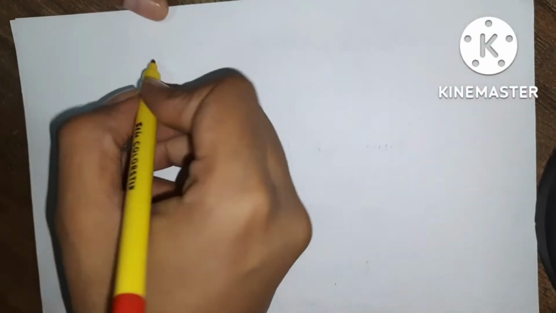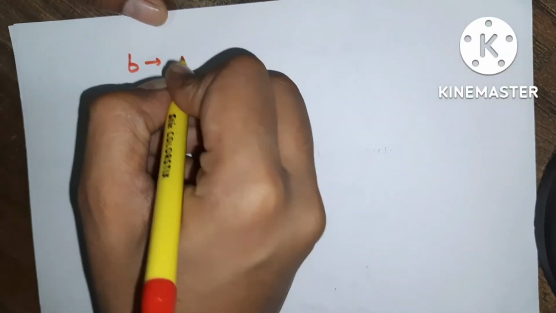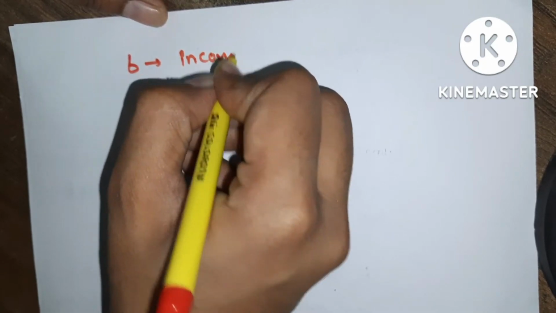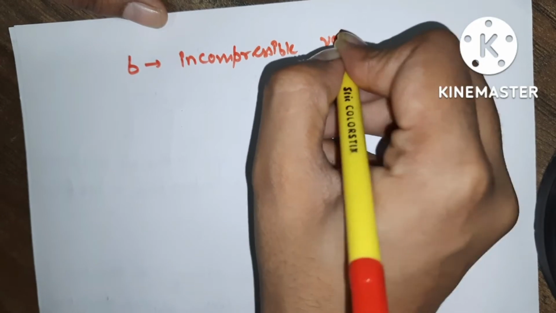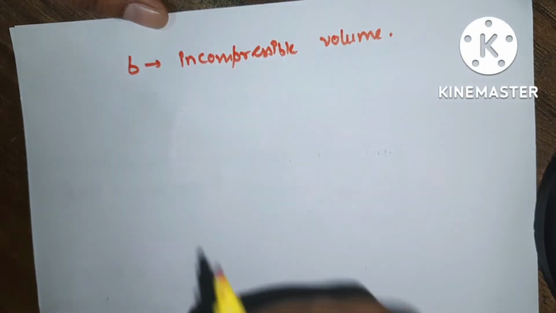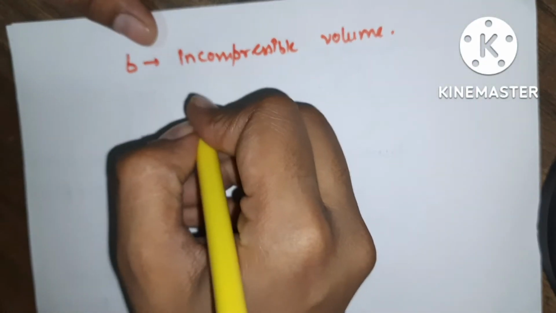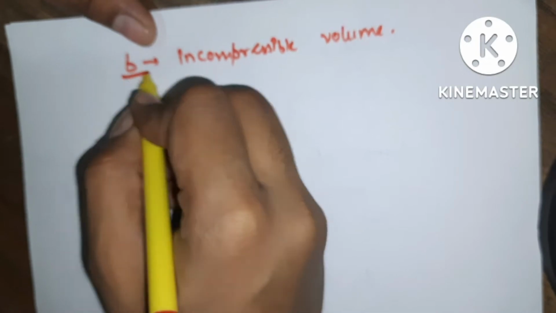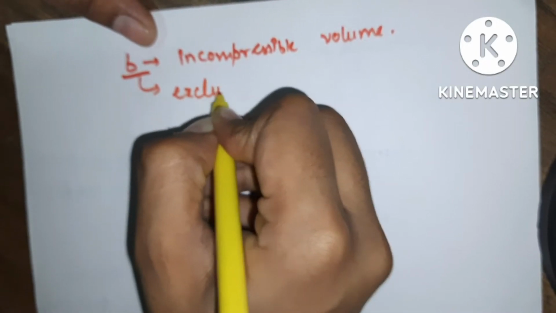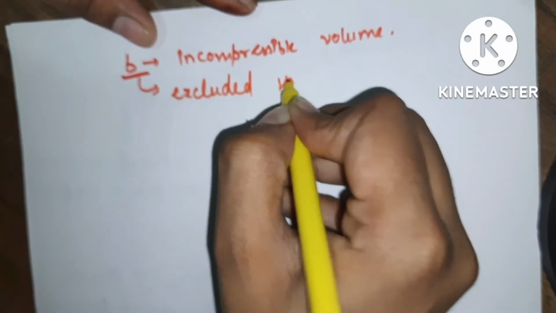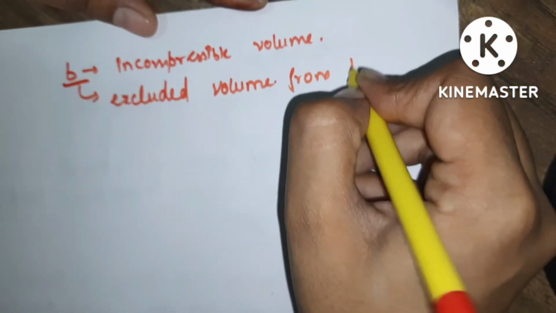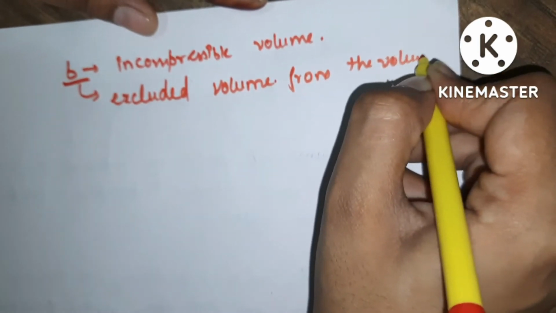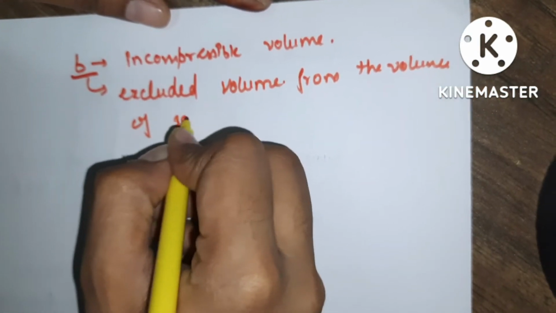Now what is b? b is the incompressible volume. Incompressible volume means we cannot compress this volume, so we have excluded it. This is also called the excluded volume from the volume of the whole gas.